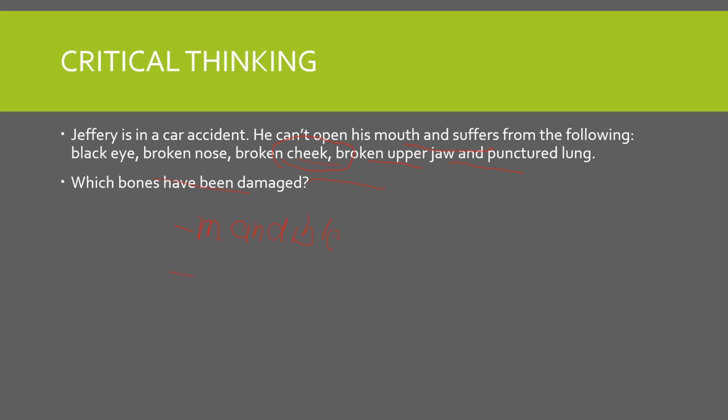What about the black eye? So maybe he's just bruised there, but he's been hit in the eye. So you think about all the bones that make up your orbit. All right, so you can draw your orbit out. At the very top, you had your frontal bone.